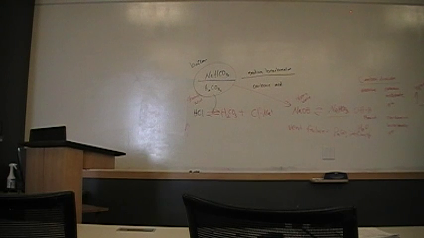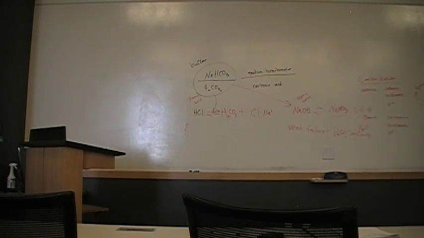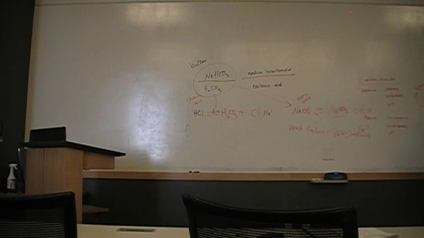Well, pH is the inverse log of the hydrogen ion concentration, but we can also measure pH as equal to the pK plus the log base 10 of the bicarbonate divided by carbonic acid relationship.